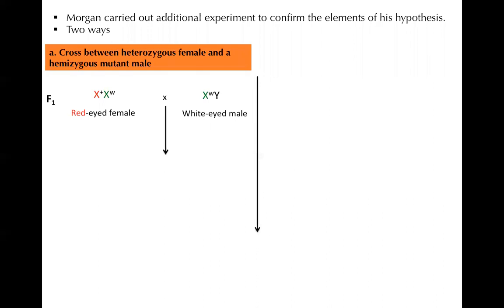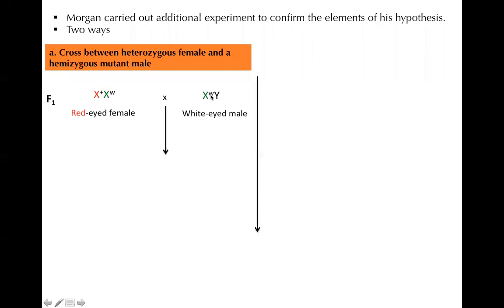So he took two approaches. One is he crossed a heterozygous female and a hemizygous mutant fly. So this is heterozygous plus and W, a red-eyed female he took, and he crossed it to a hemizygous mutant male. Hemizygous means which carries only one allele for the eye color. That's why it is called hemizygous.